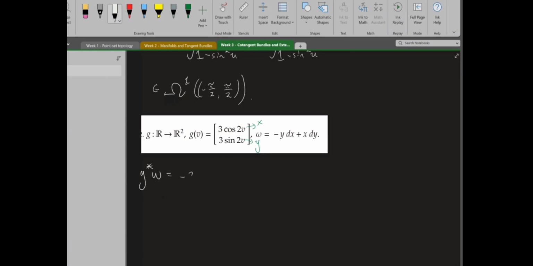So namely, you have negative 3 sine 2v d(3 cosine 2v) plus 3 cosine 2v d(3 sine 2v). So you can factor out 9 from both sides.